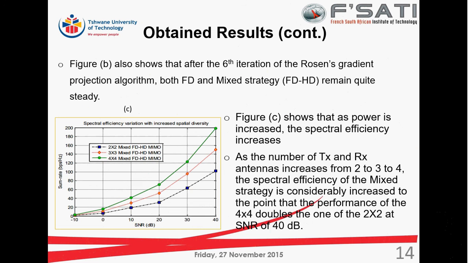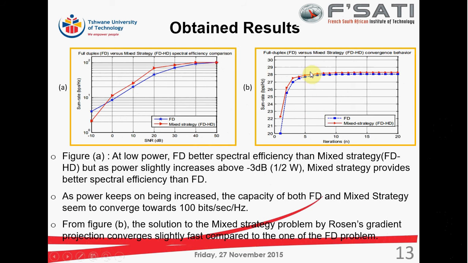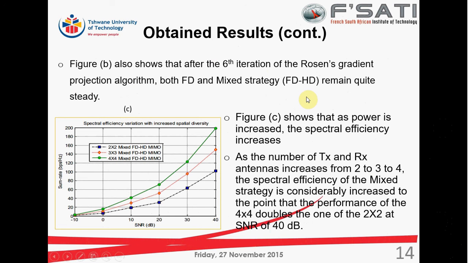And we see in the same figure that from iteration 6, more or less, Rosen's gradient projection algorithm for both the full duplex and the mixed strategy remains quite steady, meaning it takes at least 6 iterations to more or less achieve the optimum possible results, which proves sufficiently that Rosen's gradient method is quite suitable for solving this type of problem. 6 iterations is not a lot.